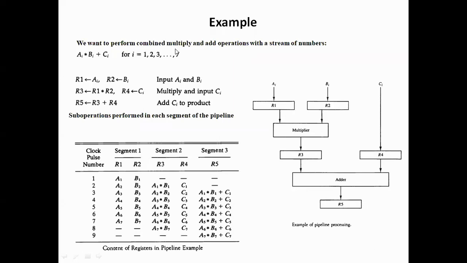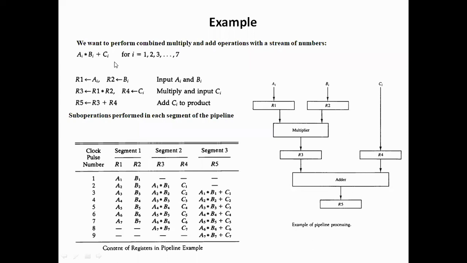So here is an example where I have to perform this operation A into B plus C, but we have multiple numbers for which we have to do this. So here I runs from 1 to 7. First I have to do A1 into B1 plus C1. This is one operation. Then I have to do another operation, that is A2 into B2 plus C2, then A3 into B3 plus C3, up to A7.